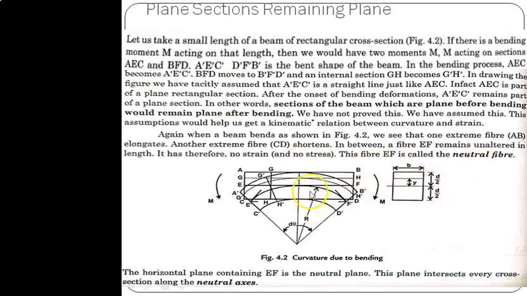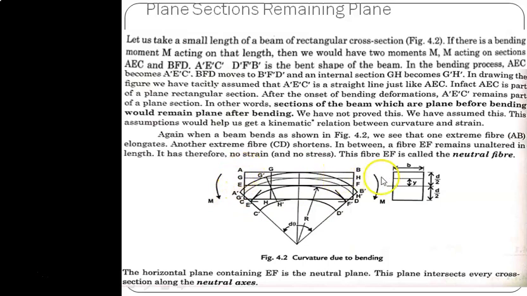You see here that C'D' has a smaller length compared to its original length CD, and A'B' has a larger span compared to its original span AB.